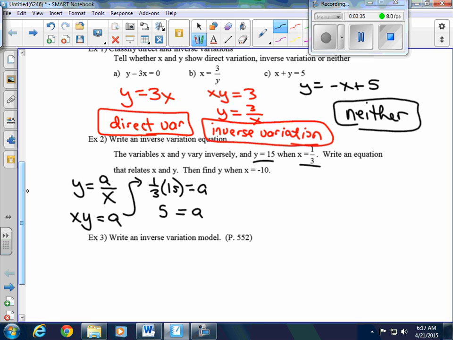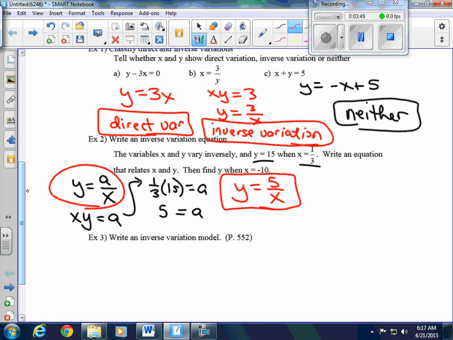It says write an equation relating x and y. So we take our original equation and plug a in. So our equation is y equals 5 over x. There is your inverse relation. That's it. So you solve for a, plug it in.